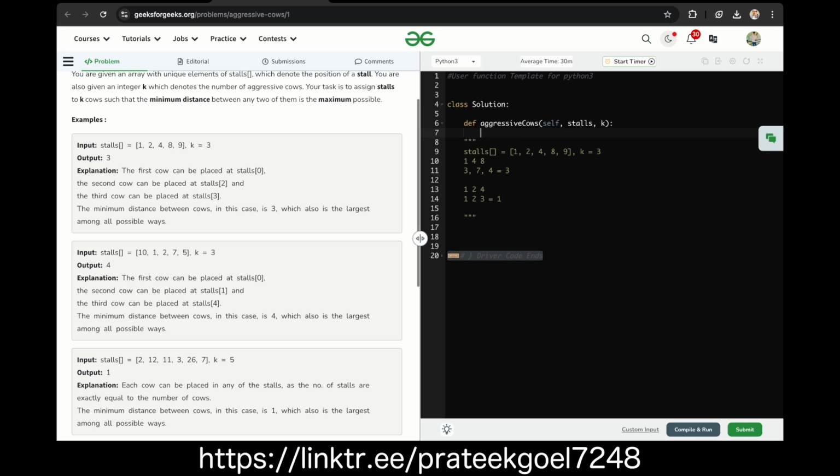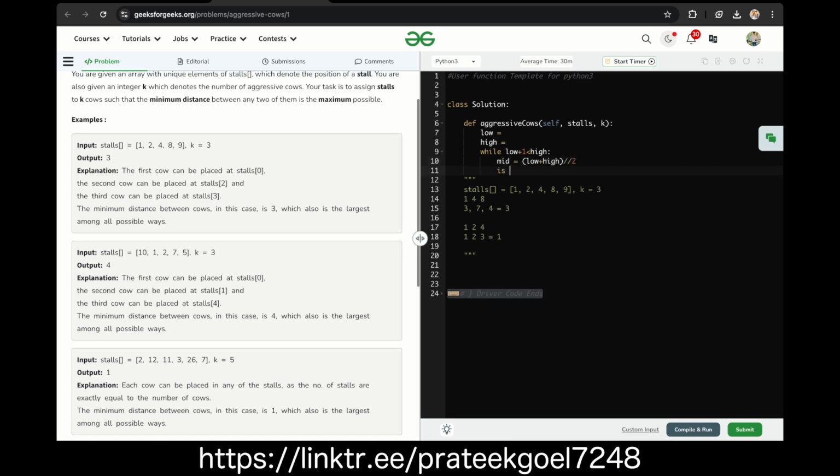In the template we will have a low and a high. After that we do while low plus 1 is less than high, mid equals low plus high minus low by 2. Then if the pass function holds, and here it depends on the question: if we have to get the maximum, then we write low equals mid.